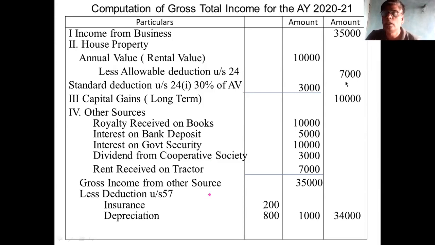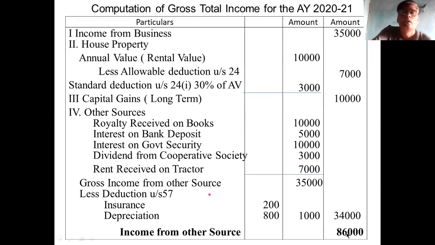Like this, you take the heads of income to the outer column, and whatever adjustment you want to make, you make in the inner column. Then you take the total of the outer column. Outer column total is 86,000. This is the way of calculating gross total income.